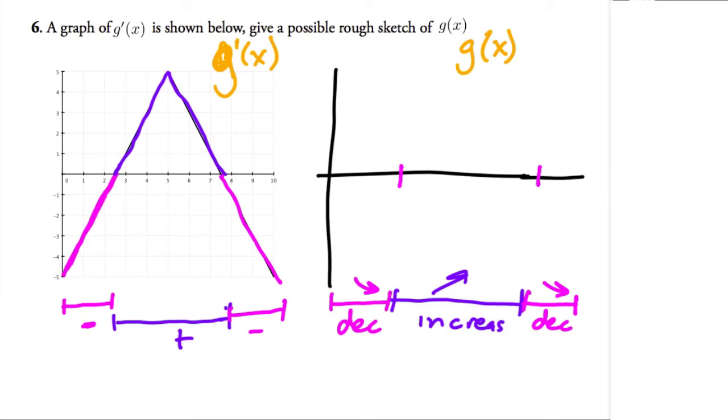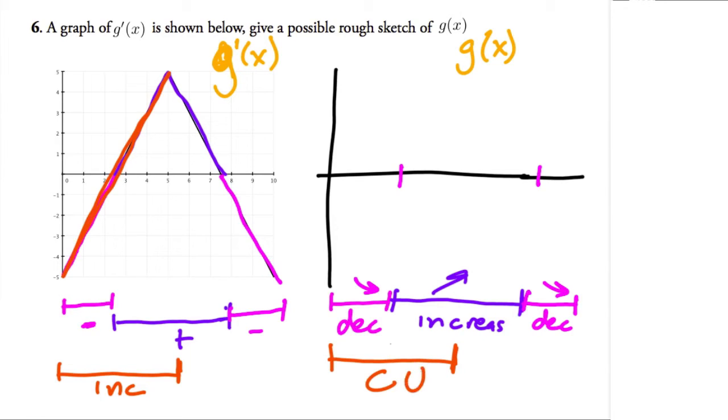Now the other part of it is the concavity. Now to take a look at that, we need to look at whether the derivative is increasing or decreasing. So notice that for this whole section right here, our derivative is increasing, which means that your original function would have to have been concave up.